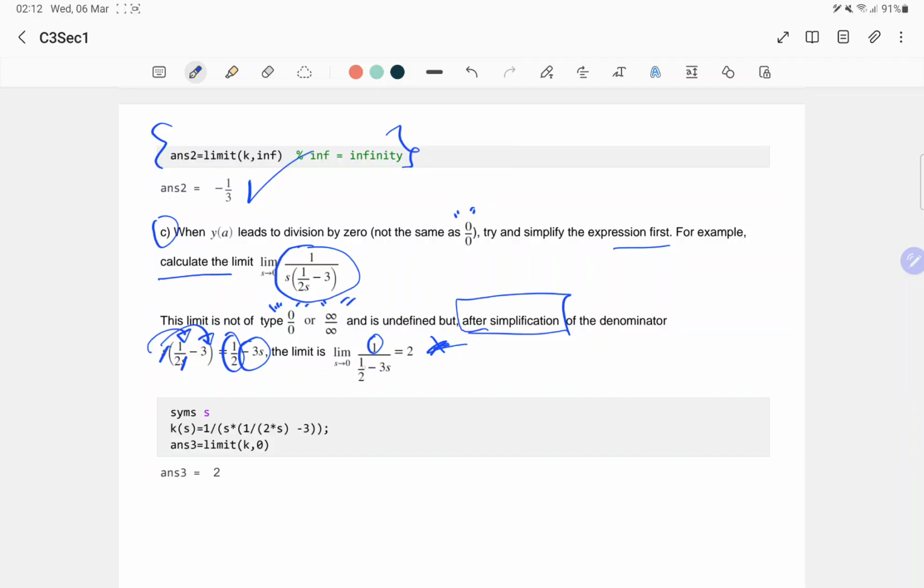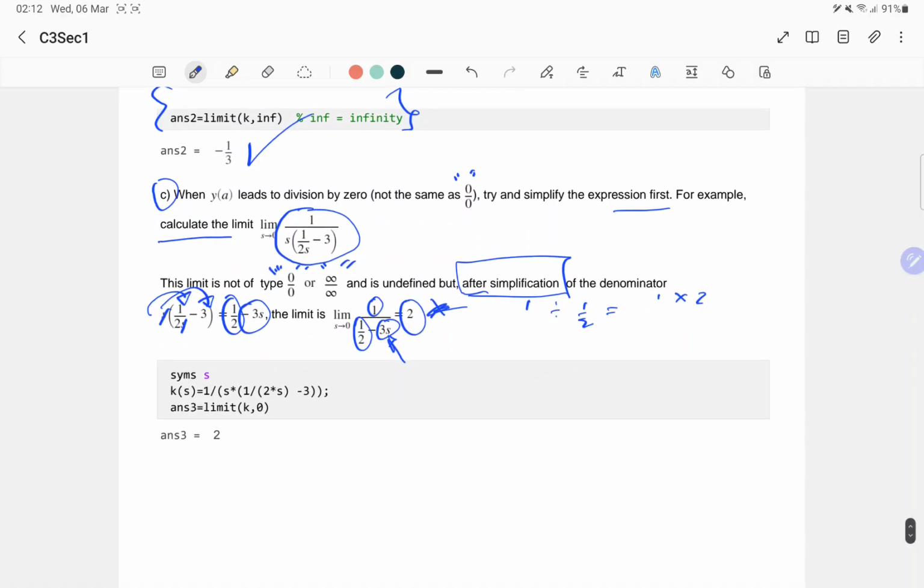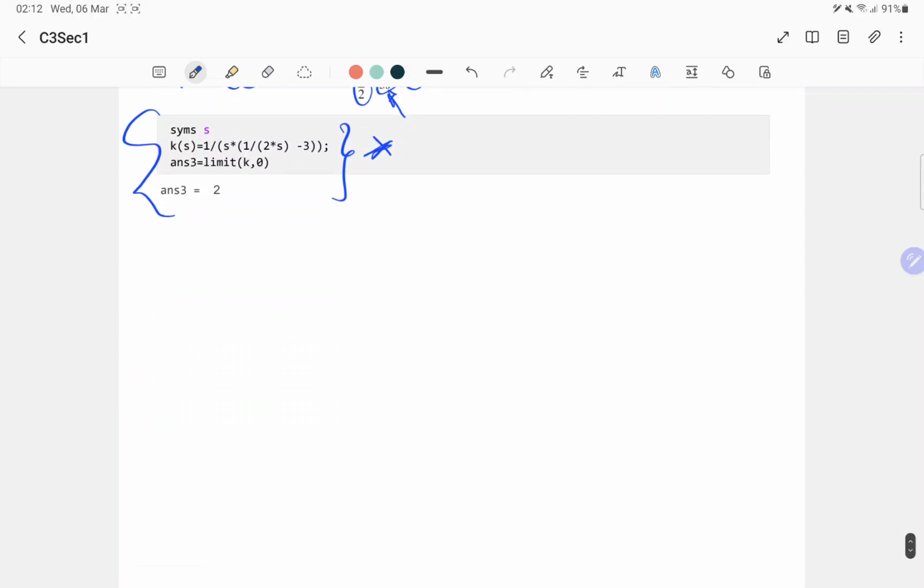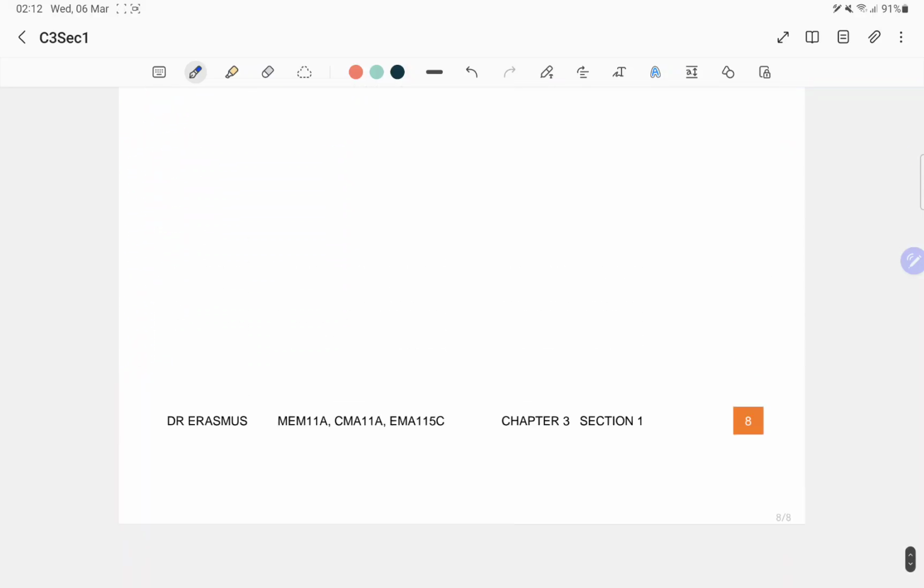So you have 1 divided by a half minus, and this will tend to 0, giving you 1 divided by 1 over 2, which is 1 times 2, giving you 2. MATLAB should also give you the same answer.